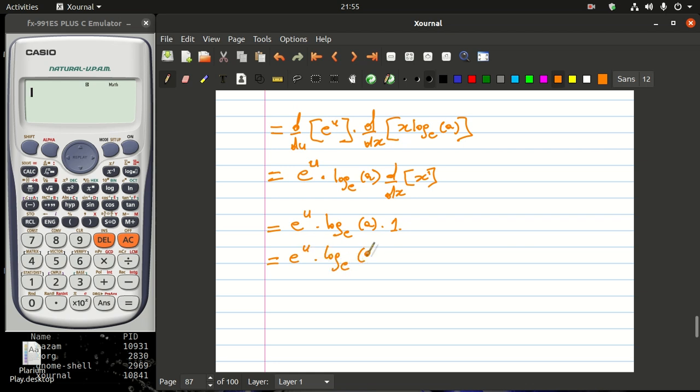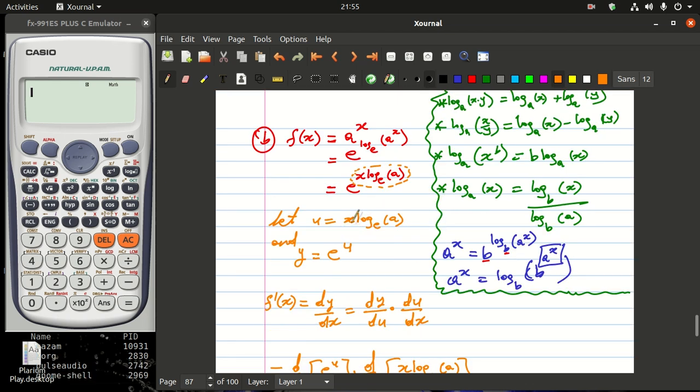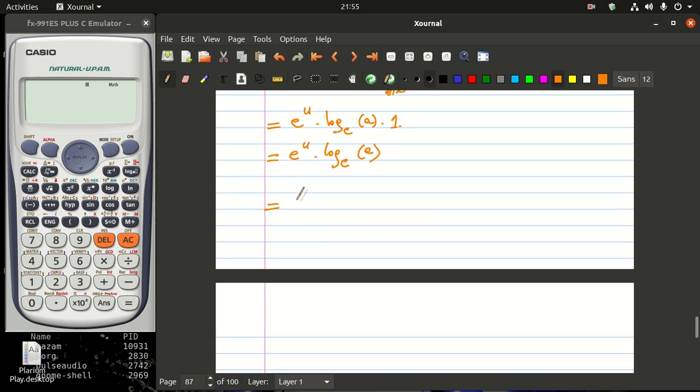log e of a. And then now I need to replace this u, because I did not have u in the original equation. So my u is x times log e of a. So here, this is going to be e raised to x log e of a times log e of a.